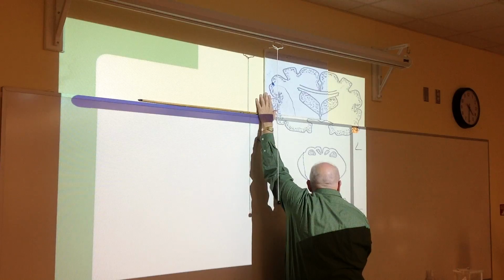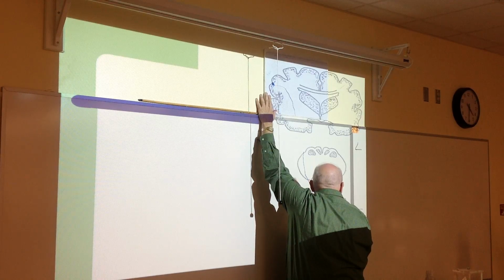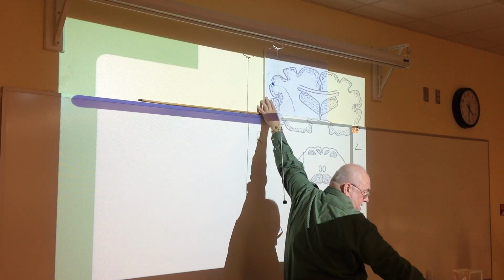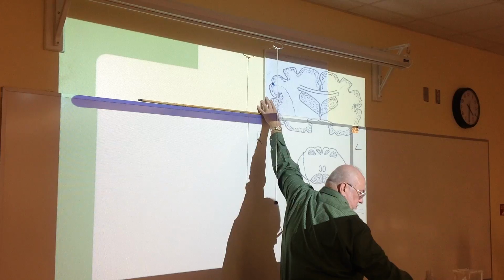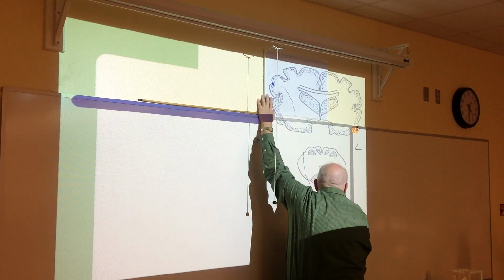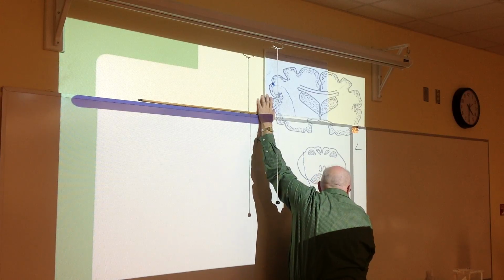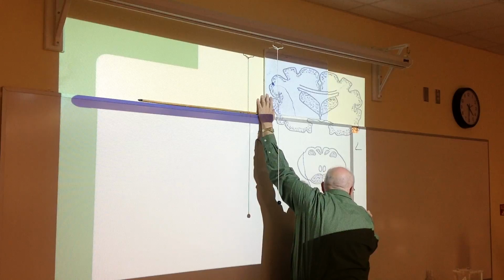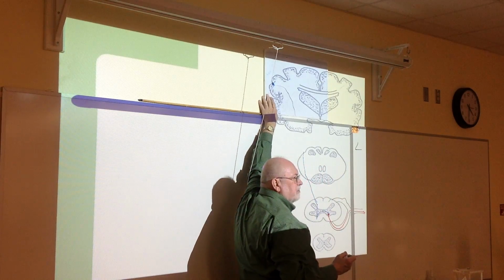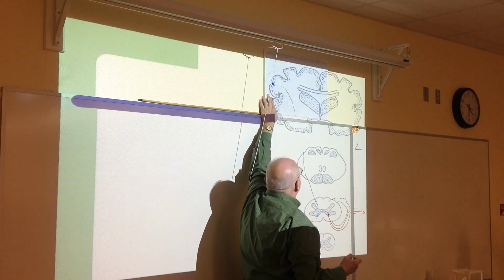So I'm going to cross over into that anterior gray matter, put in my second neuron cell body there, and exit the cord through the ventral root. And there it is. So 2 neurons do it.